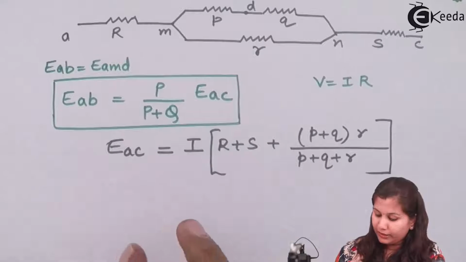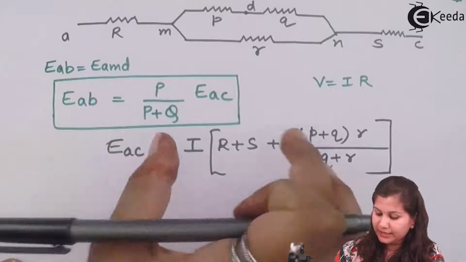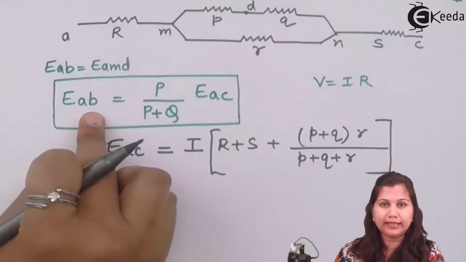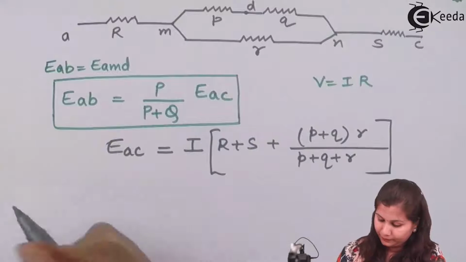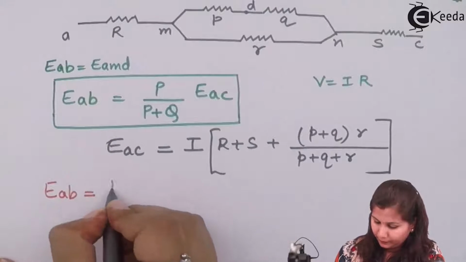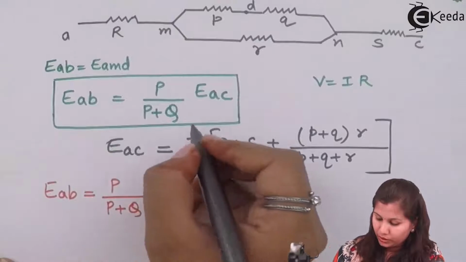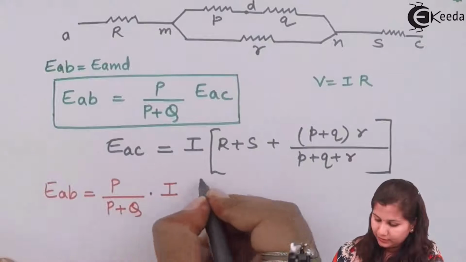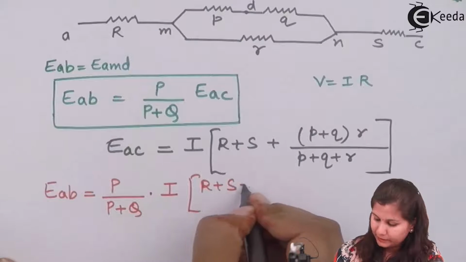Now we are putting the value of this EAC in this expression for EAB. P upon P plus Q into this I, and then this expression R plus S plus.